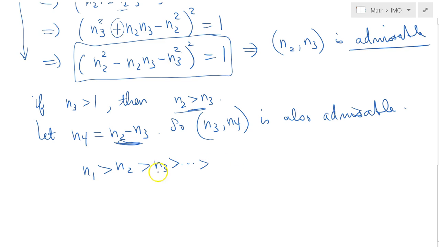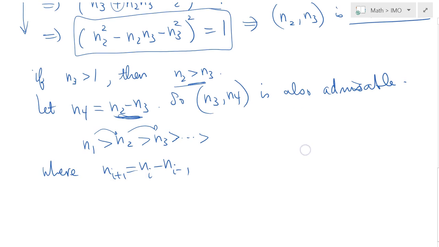So eventually we will get where n sub i plus 1 is equal to n sub i minus n sub i minus 1. So each subsequent term is smaller than the previous one in this sequence, and finally it will terminate. The sequence terminates, well, it will eventually terminate, right?